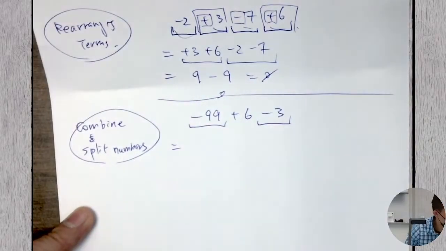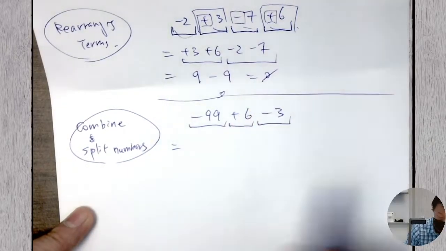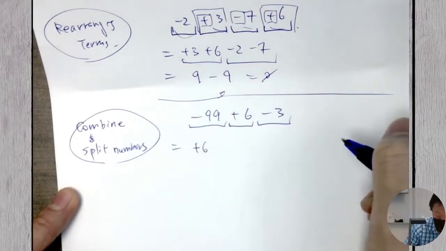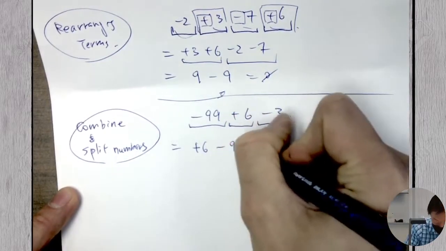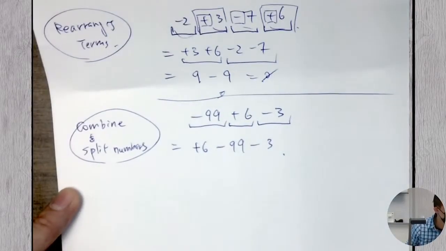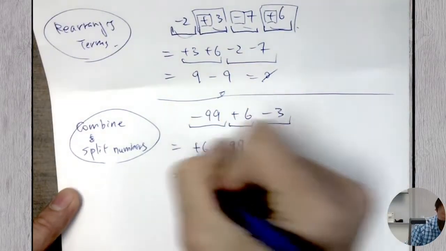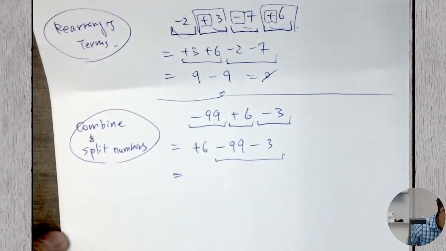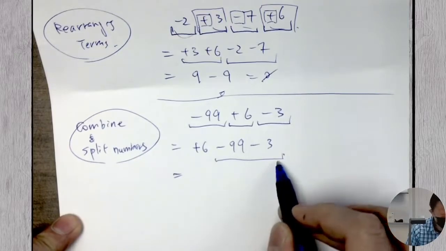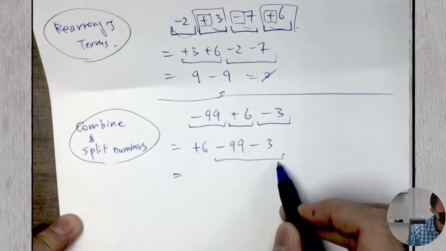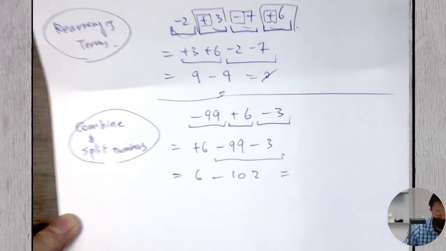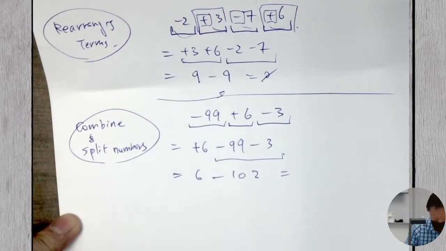I have 3 terms, yes? And I can rearrange them. I can put all the positives together, and then the negatives together. All good? And then I'm going to find the sum of the negatives. Negative 102, positive 6, and then you find the answer, right?